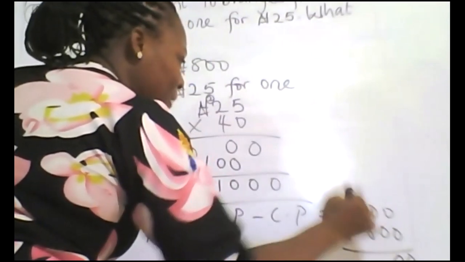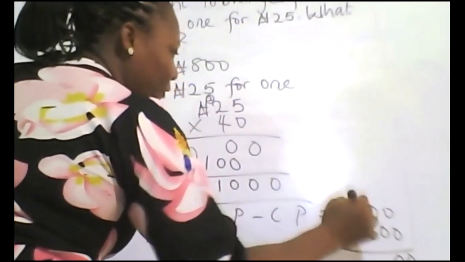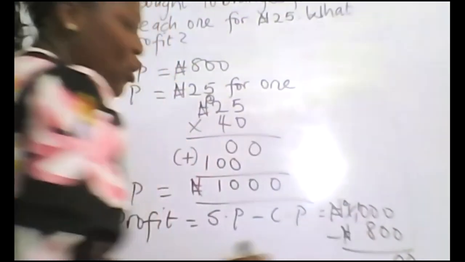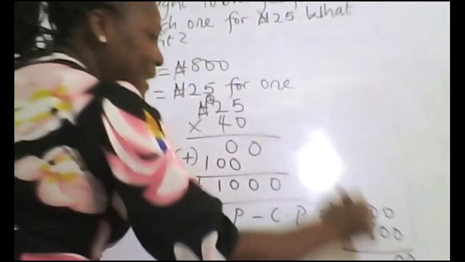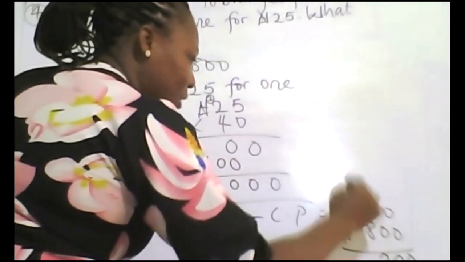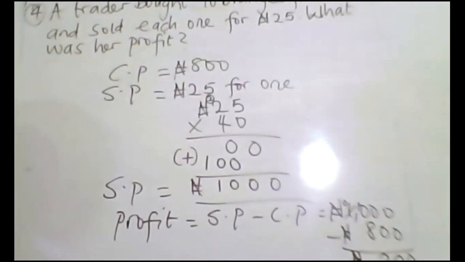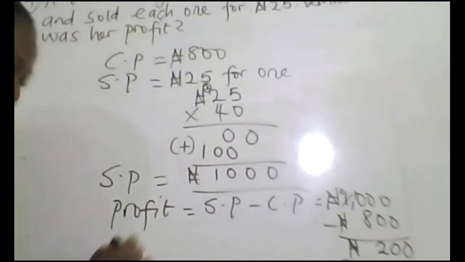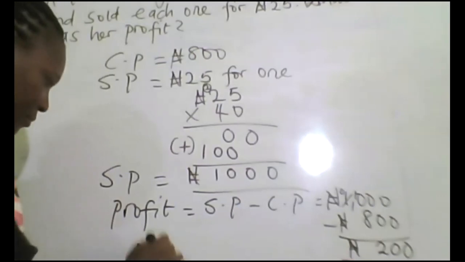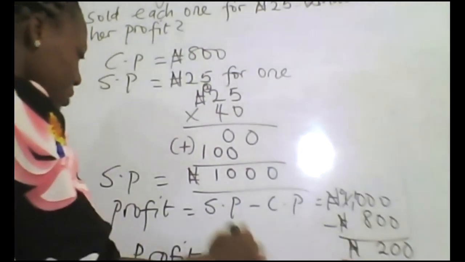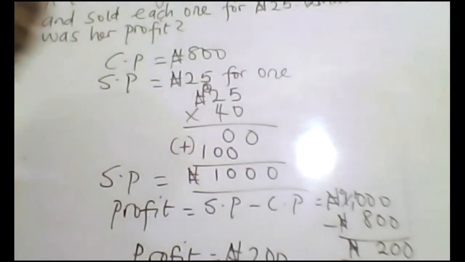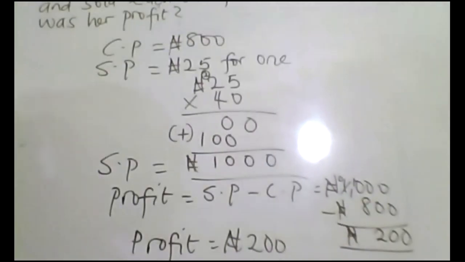I will borrow 1 from the next figure. This will reduce to nothing. This becomes 10. 10 take away 8, 2. I don't have anything left here. So the profit equals 200 naira.